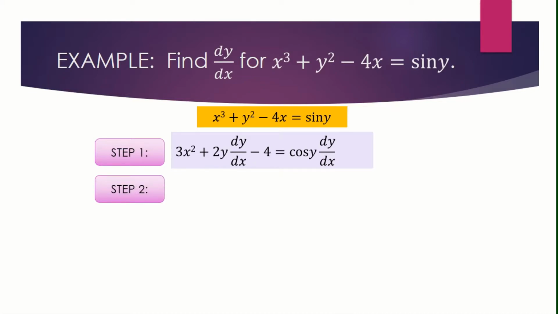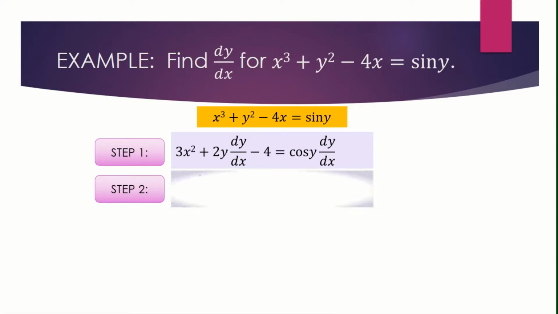Differentiating 4x, we get 4. We differentiate sin y, we get cos y dy/dx. In step 2, we bring the dy/dx terms to one side, with no dy/dx on the other side.